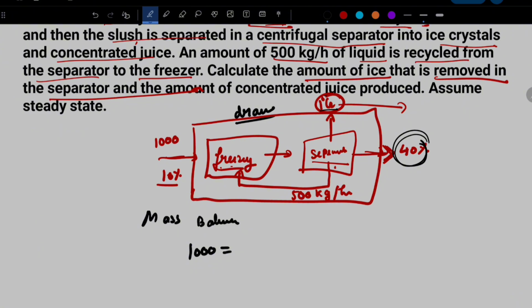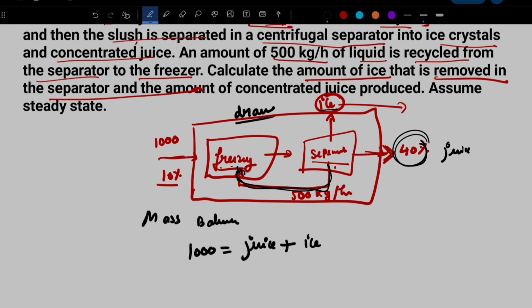The output is 40% juice, plus I'm getting ice out of it. The interior process is not needed because it is within the system. It's a closed system, and since it is not going out of the system, we don't need to calculate it.